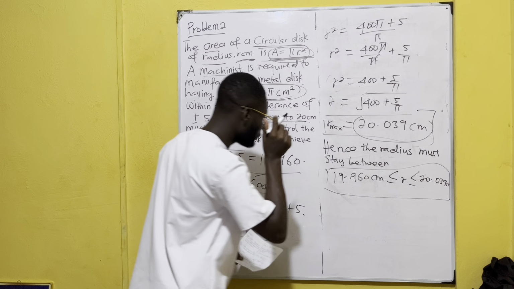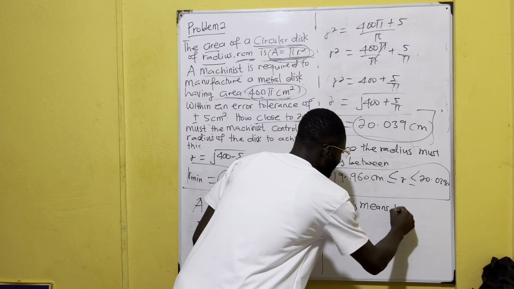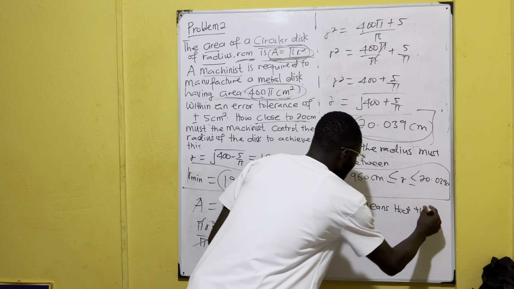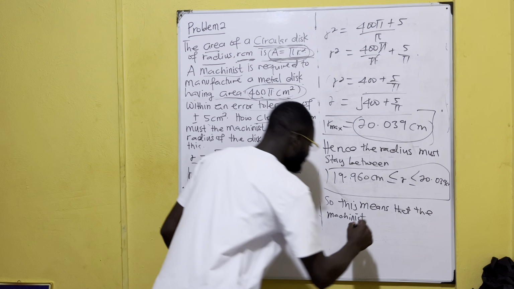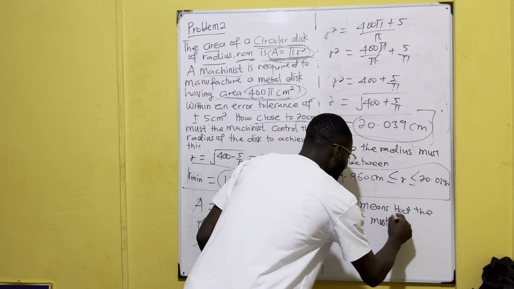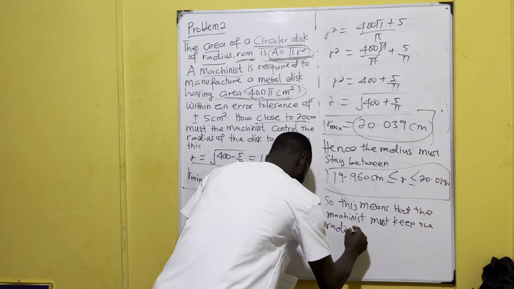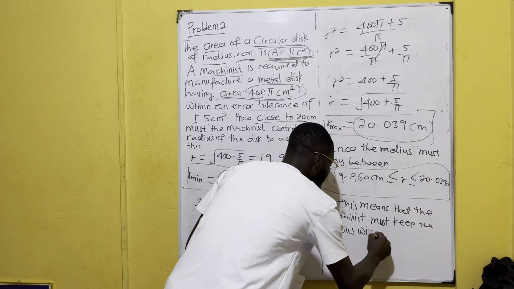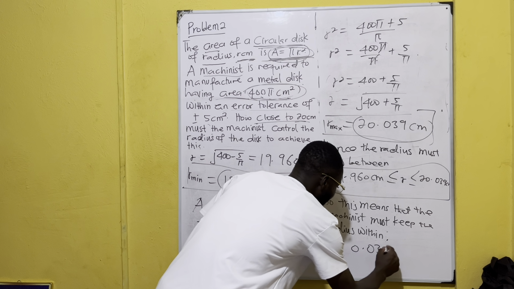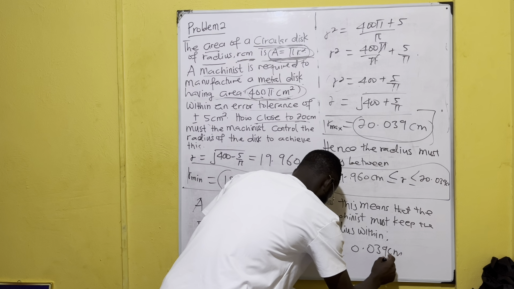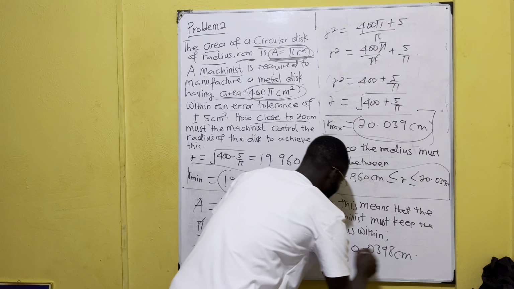So this means that the mechanics must keep the radius within plus or minus 0.039 centimeters, or 0.0398 centimeters.